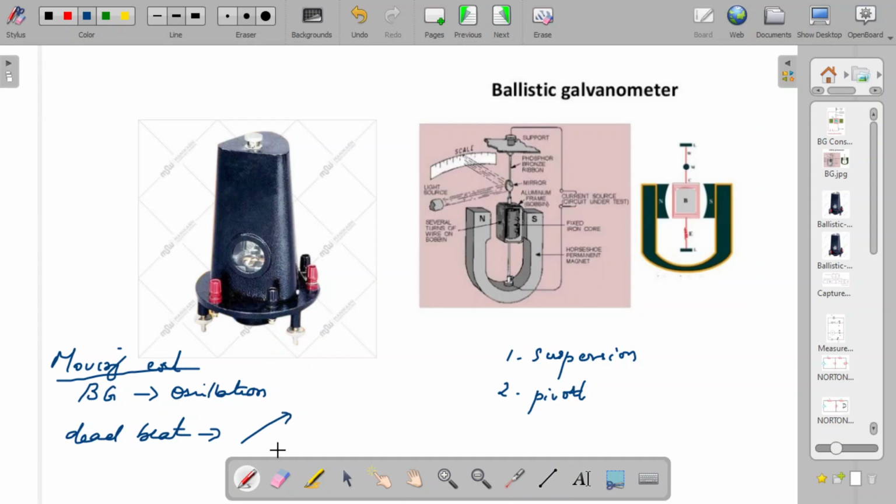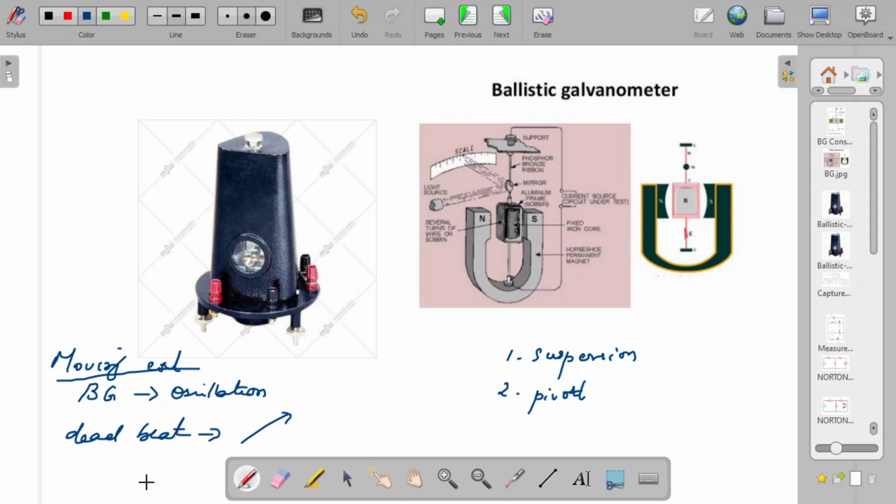As long as the current passes through the galvanometer, the needle or the coil will get deflected, but it will remain stationary in a particular position, and it will not produce oscillation. That is what we call deadbeat, which you have already learned in transient currents.